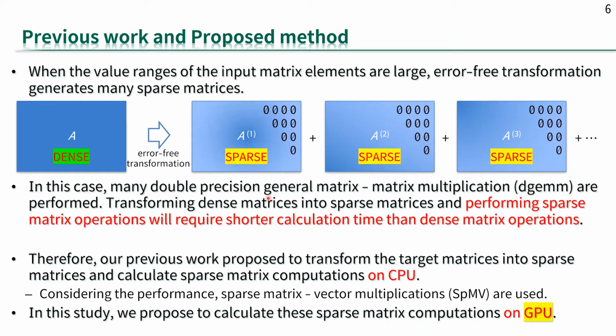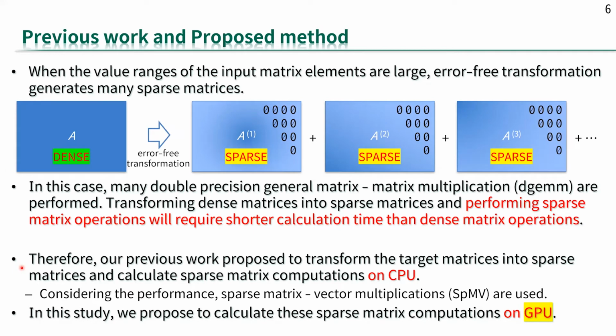When the value ranges of the input matrix elements are large, error-free transformation generates many sparse matrices. In this case, many double precision general matrix multiplications, this is DGEMM of BLAS, are performed. Then, transforming dense matrices into sparse matrices and performing sparse matrix operations will require shorter calculation time than dense matrix operations.